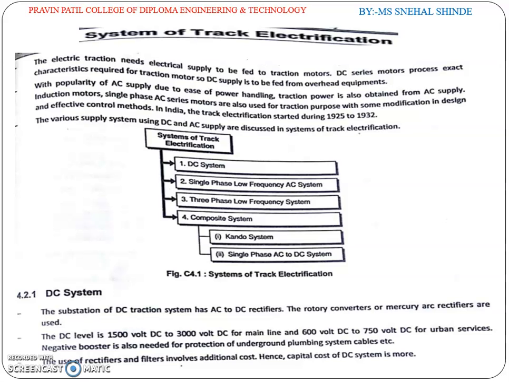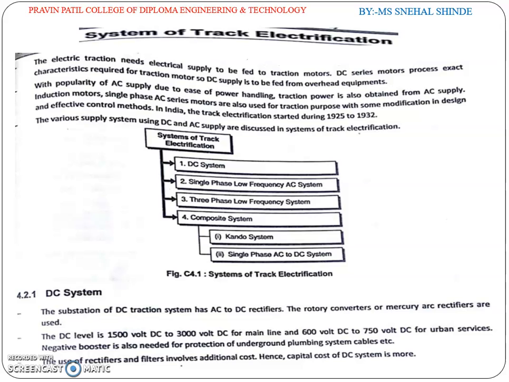Coefficient of adhesion is more in this system. Starting efficiency of AC locomotive is higher than that of the DC locomotive. The kilowatt demand during starting is less in case of AC locomotive than in the DC locomotive.